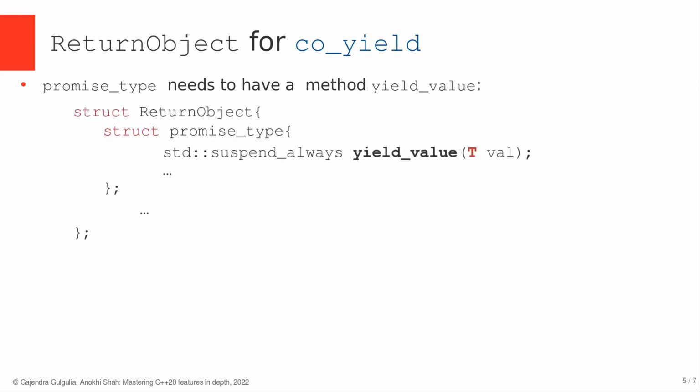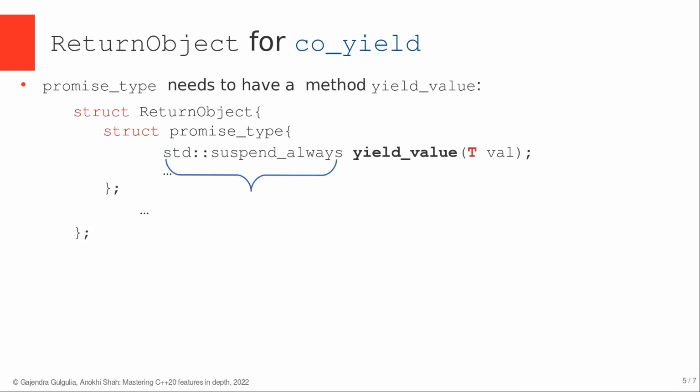In the promise type struct, you can see the method named in bold. If you notice carefully, the method takes an argument which must match the type of the value that appears after the co_yield. In the case of the generator coroutine, it has to be an integer.